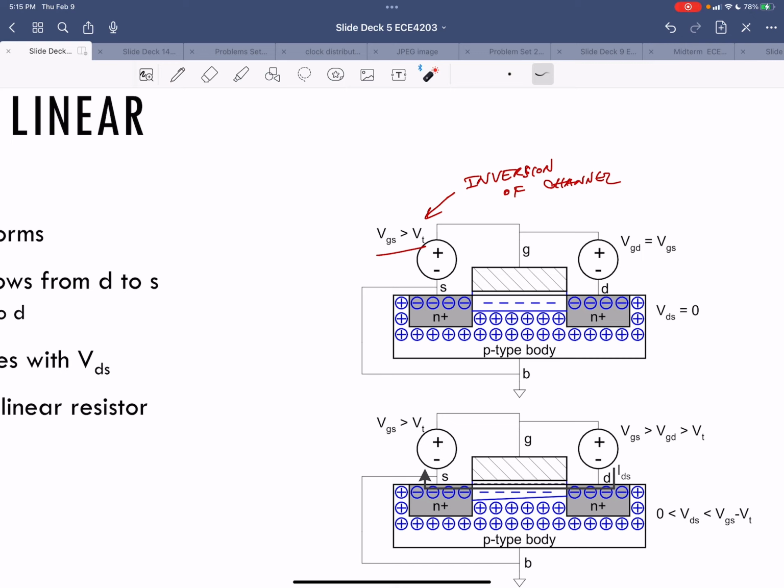Okay, so this interface between the source and the substrate, or between the drain and substrate, is still a reverse bias diode, but because this region is inverted, full of electrons, this interface is no longer a barrier.